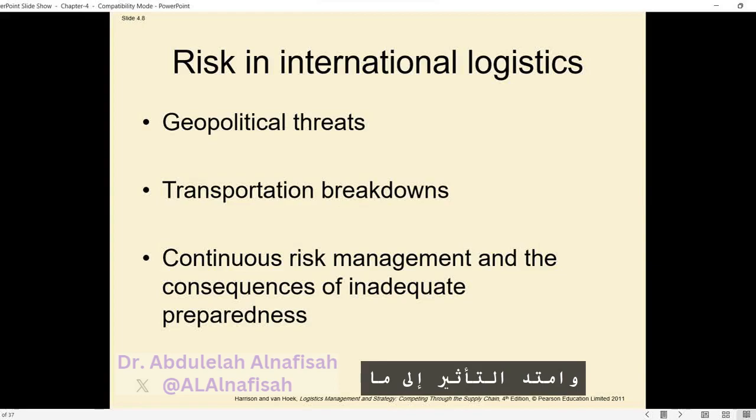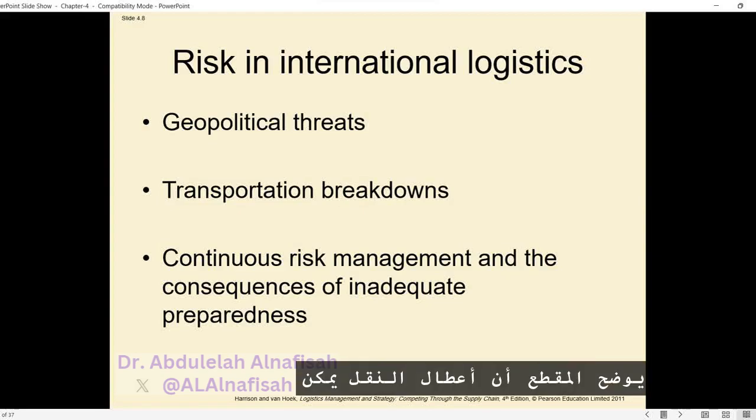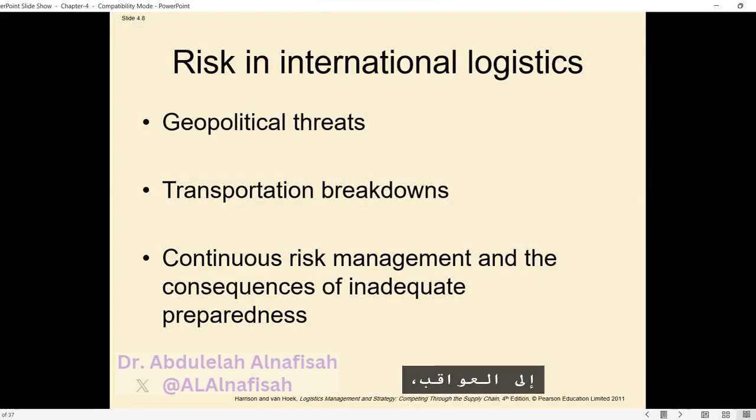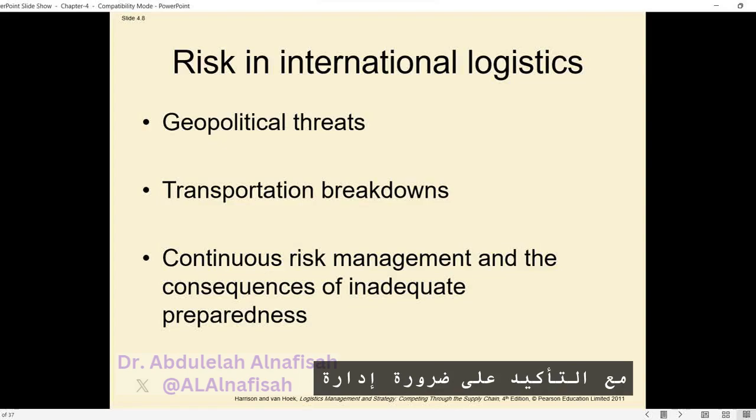The impact extended beyond the ports, affecting other shipping routes, port regions, and different modes of transportation. The passage demonstrates that transportation breakdowns can have far-reaching consequences, emphasizing the need for risk management in logistics.